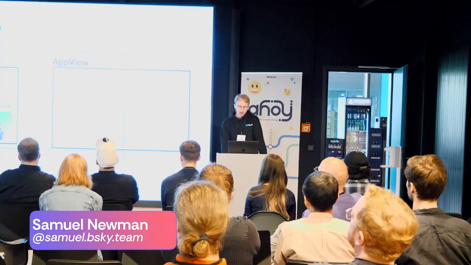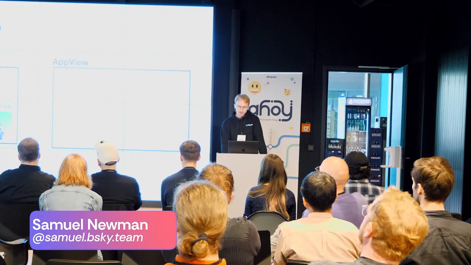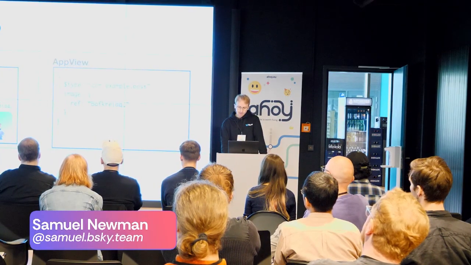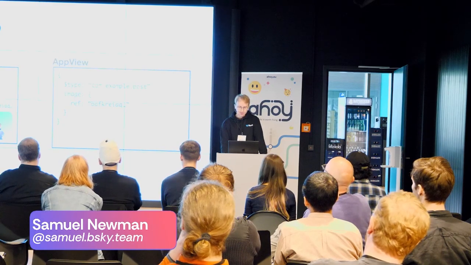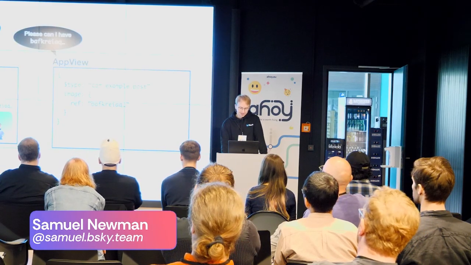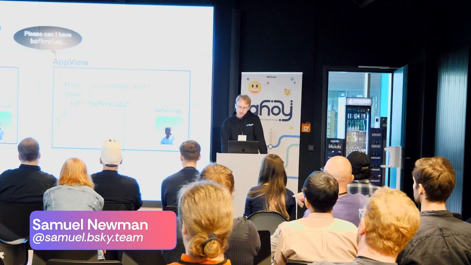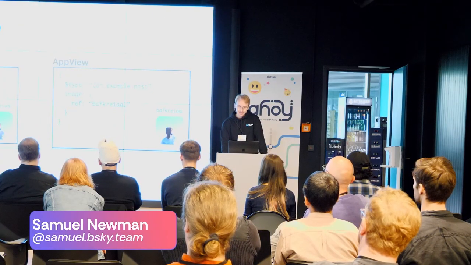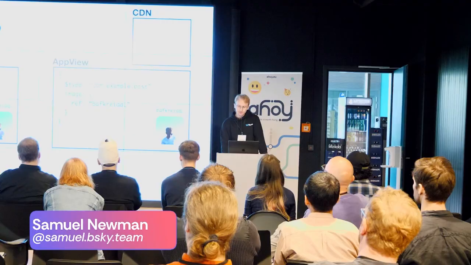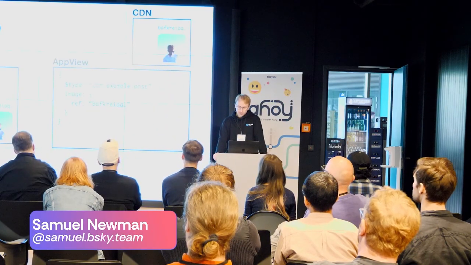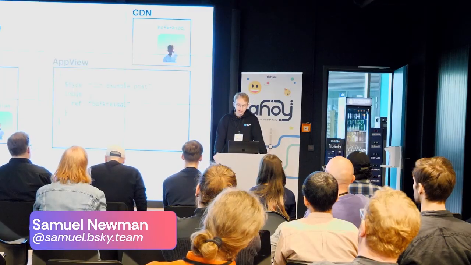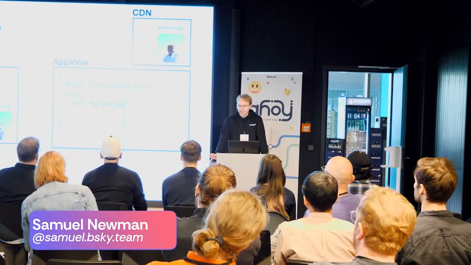If you know how AT Proto works, you'll know it goes through the firehose over to the app view. The app view sees this post for the first time and says, oh, I don't have that blob yet. Please, can I have this blob? And the PDS gives the blob. What the app view now does is it has an image CDN, and it can just put that blob in the CDN. That makes it very cheap to serve, and it compresses it to a standard JPEG or whatever.